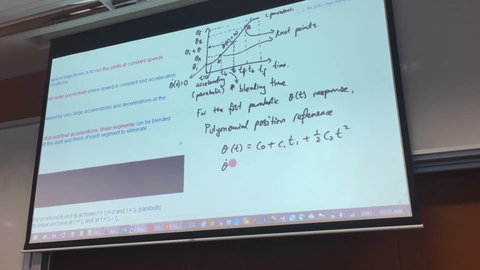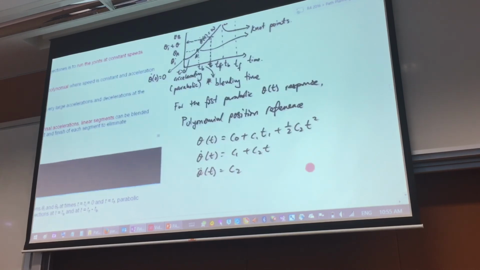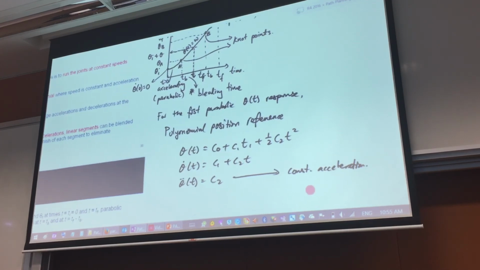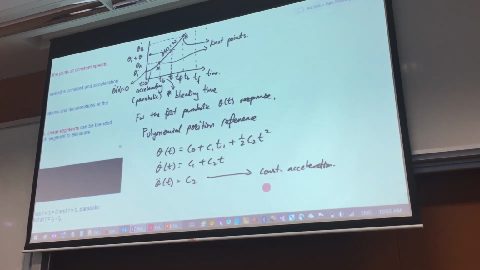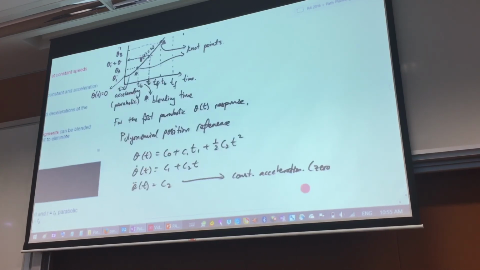I want to bring you to acceleration. If I do all this differentiation, this will be C1, and this C2 t, and this will be C2. I want this to be at constant acceleration. A constant acceleration here means that it's a 0 order polynomial.